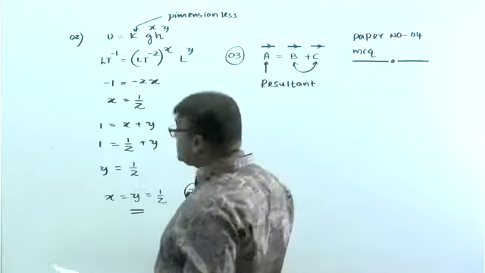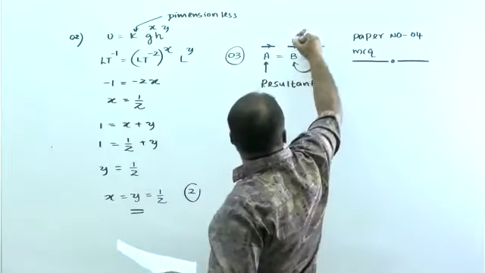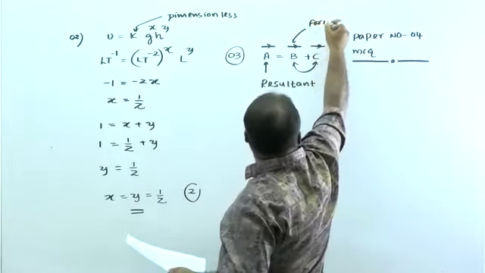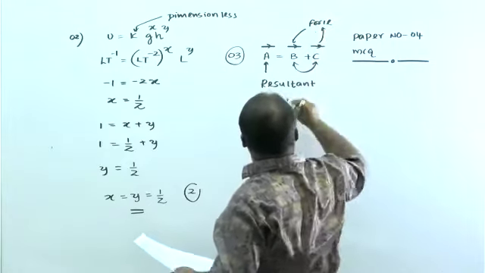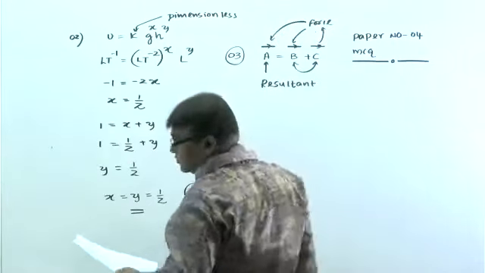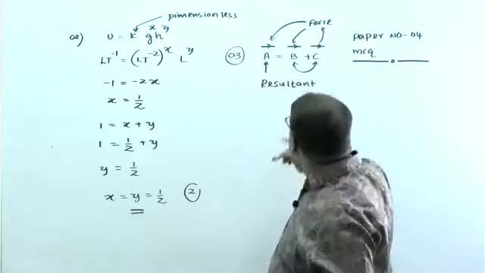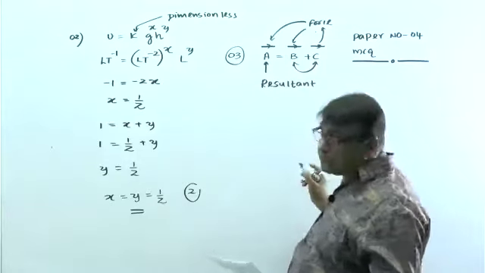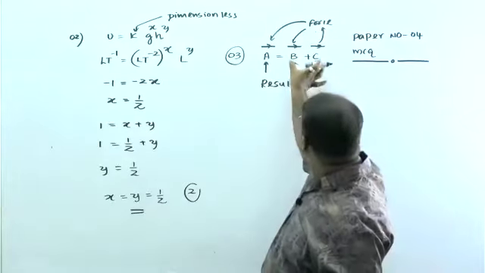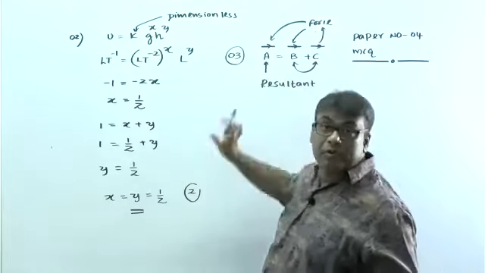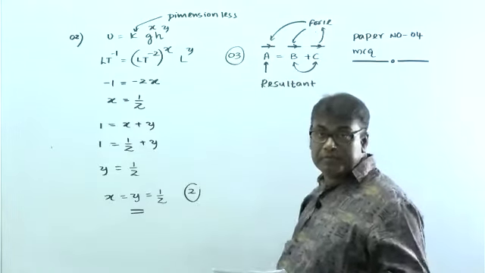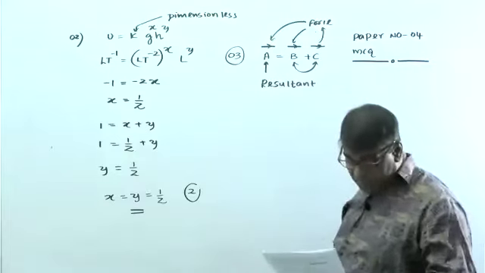For example, if this is force, this is also force, and the resultant is also force, but as per the configuration of vector addition, the resultant of these two equals this one, right? First identification should be this.